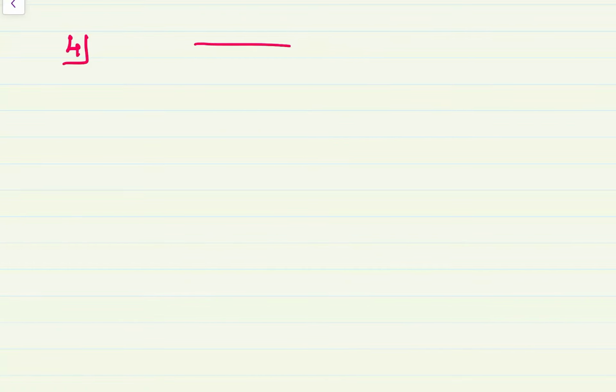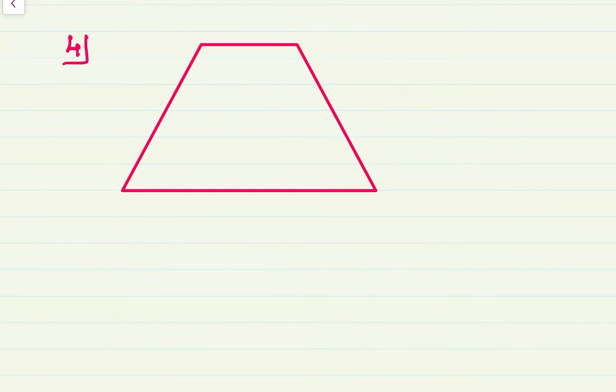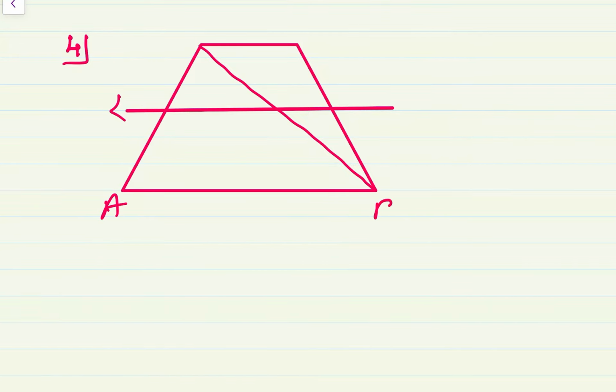If we draw the diagram, we get something like this, with points A, B, C, D, E, F and point G.